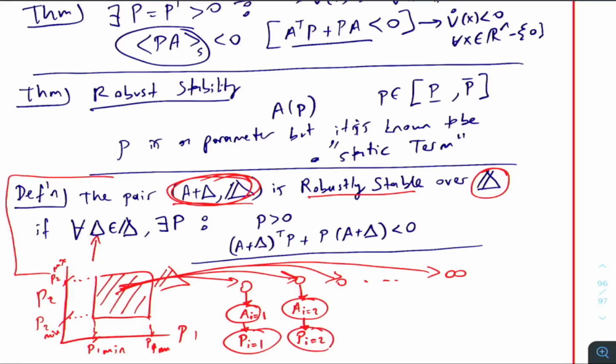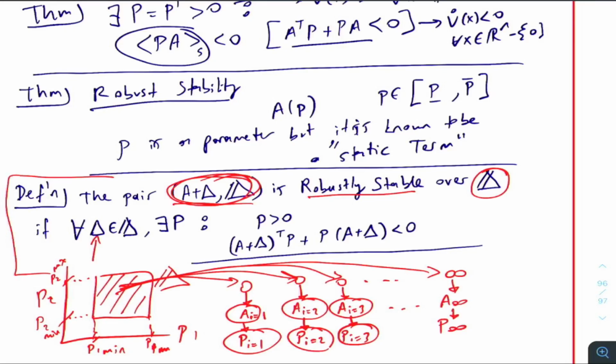And here again we have i equals 3, and for that we will find P sub i equals 3. Dot dot dot, and P infinity, A infinity. Okay, this is the kind of general idea.